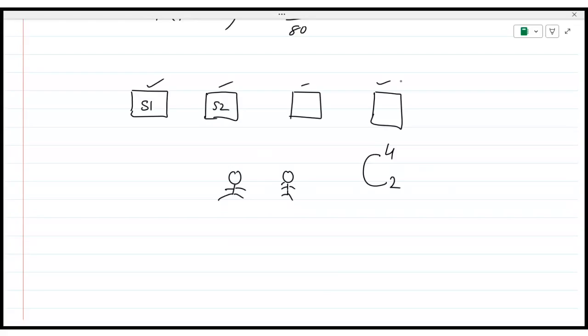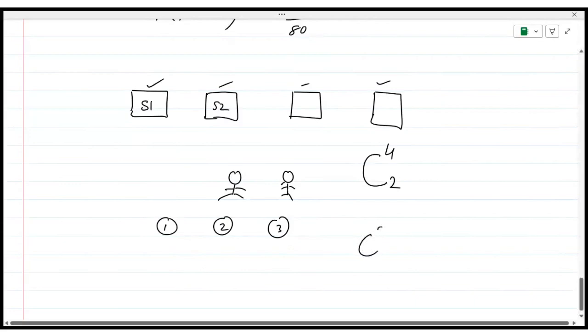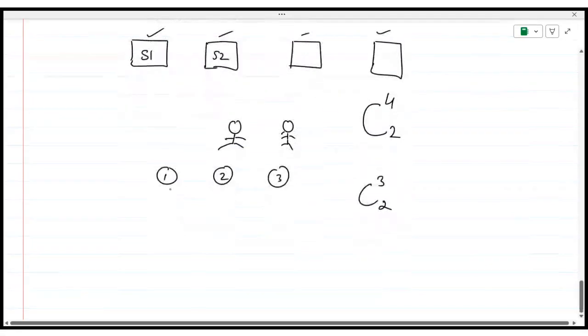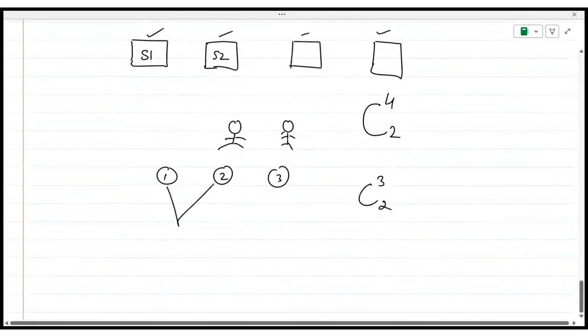Suppose I have three markers, marker 1, marker 2, marker 3, and I have to pick two markers. Then how many different combinations are possible? Three markers are there and I have to pick two, that is 3C2. The first option is I can pick first and second.